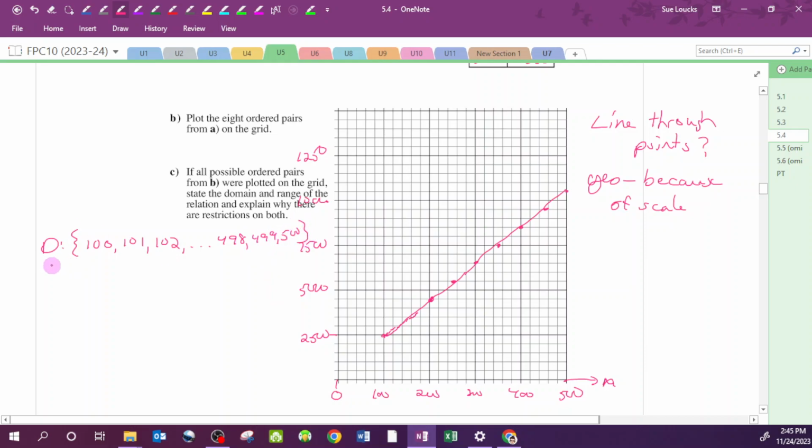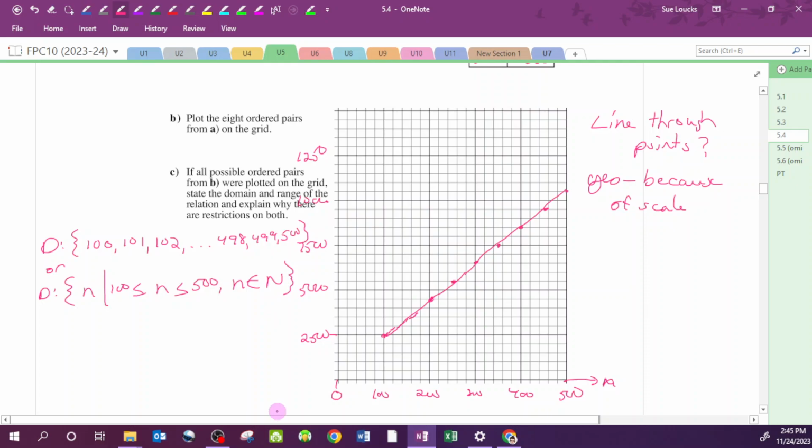Or we can say the domain is the set of numbers n such that n goes from 100 to 500, including those points, where n is an element of the natural numbers.